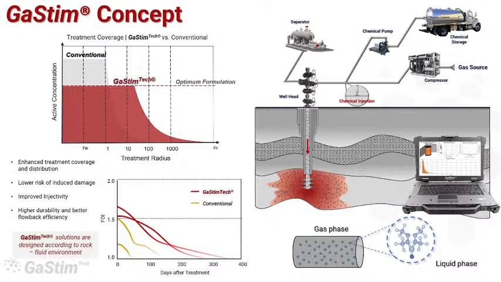We basically have a chemical storage, a chemical pump, a gas source which can be nitrogen, CO2, flue gas, or in most cases, and it's probably the most effective option at the moment, hydrocarbon gas, a chemical injection system, the wellhead, and in some cases the separator may be needed, but it's not a mandatory element of the surface scheme for all designed treatments.